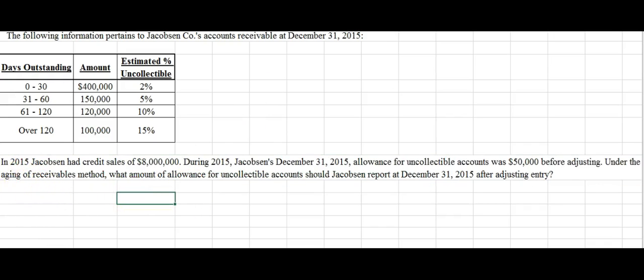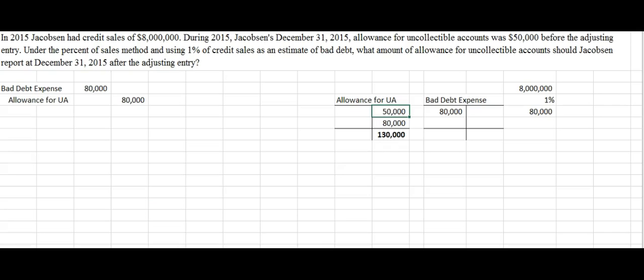It says, in 2015, Jacobson had credit sales of $8 million, the same as before, right? And we have the same balance over here, so let me copy it over here. There's a lot of similarities in this question. In fact, let me copy everything.